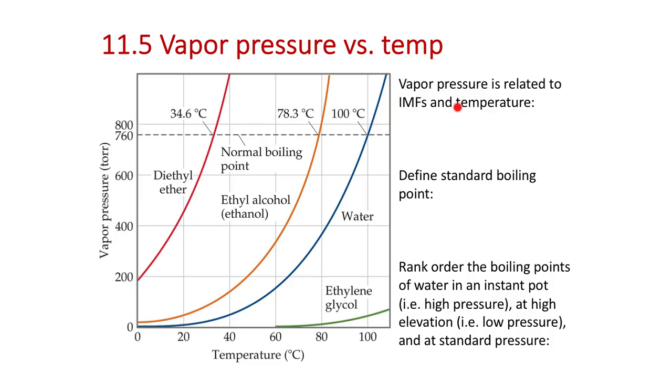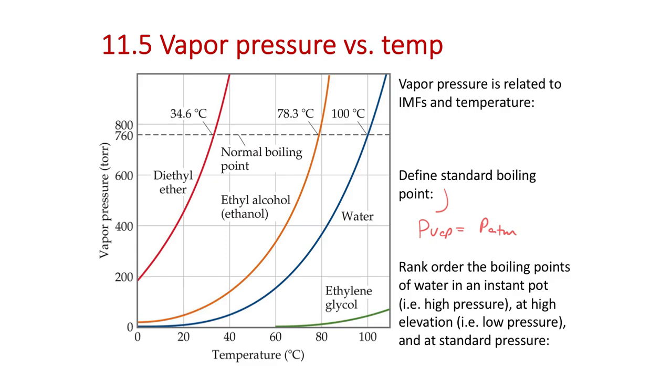Vapor pressure is related to intermolecular forces and temperature. If we increase intermolecular forces, we're going to lower the vapor pressure as a result. We remember that relationship. And our normal boiling point, as we were defining earlier, is the point at which our vapor pressure equals atmospheric pressure.